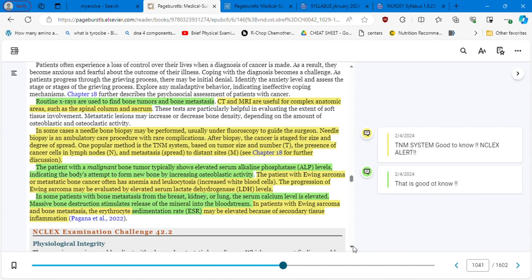The patient with a malignant bone tumor typically shows elevated serum alkaline phosphatase. Let me complete the comment before. The TNM stage is going to guide the nurse and the providers on what type of care the patient needs.